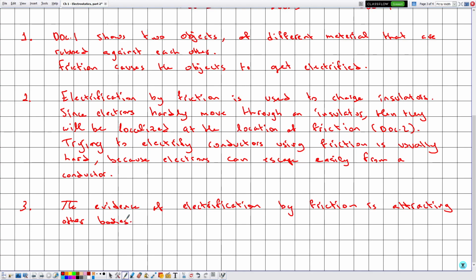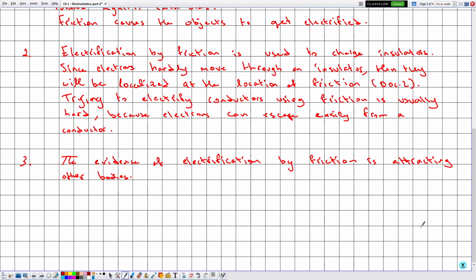Now these bodies should be light in mass or in weight in order to cancel, since the electric force is gonna be weak compared to the weight in this case.